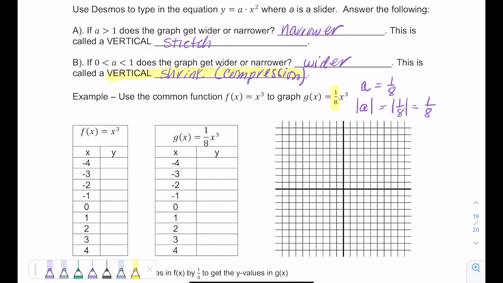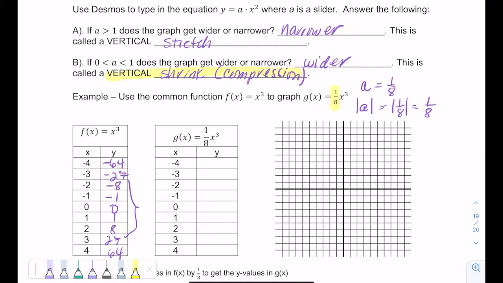So you'll see. So first, if I was to graph the common function, I'm just going to plug in -4 and cube it, -3 cubed, -2 cubed, -1 cubed, and so on. Okay, and I'm only going to be able to graph a few of those. So I'm only going to graph from here to here. That's all I can fit on the graph.